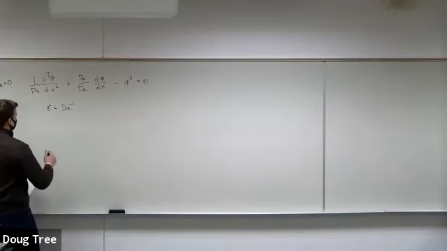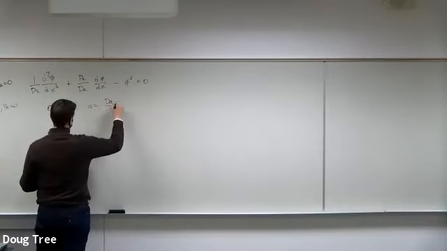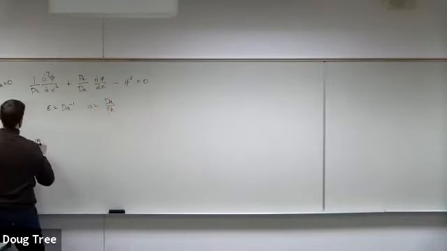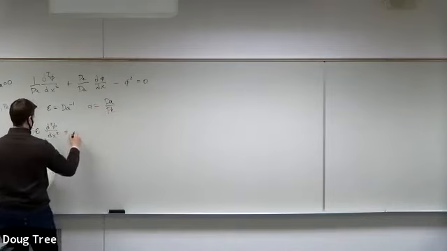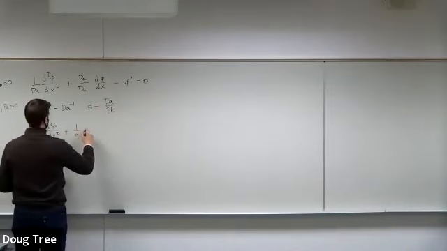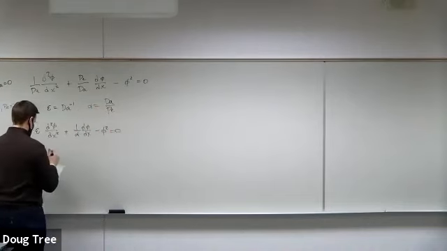I'm going to define alpha equal to Damköhler divided by Hatta number. And I'm going to get the following: epsilon d2 phi dx squared plus 1 over alpha d phi dx minus phi squared equals 0.